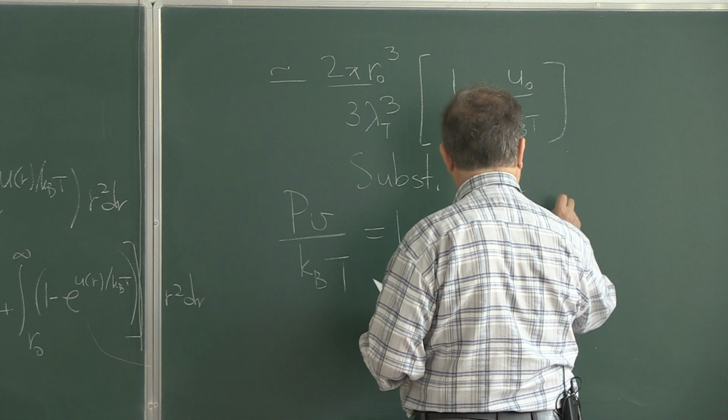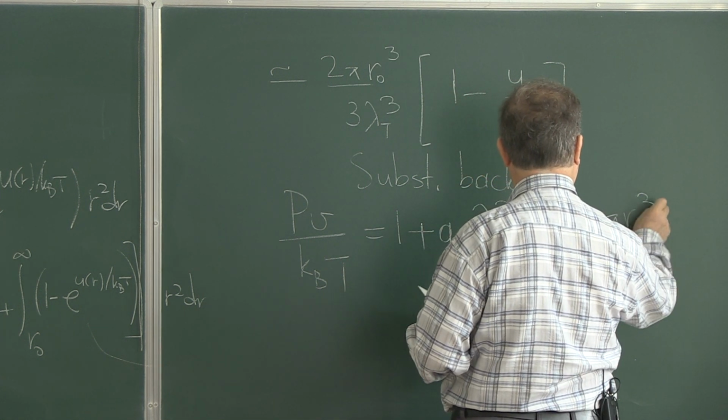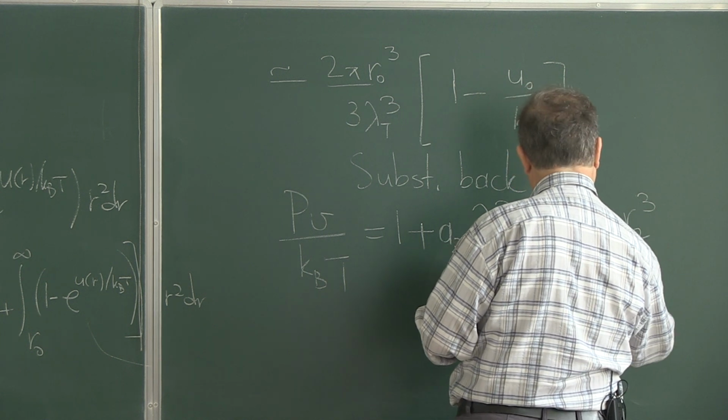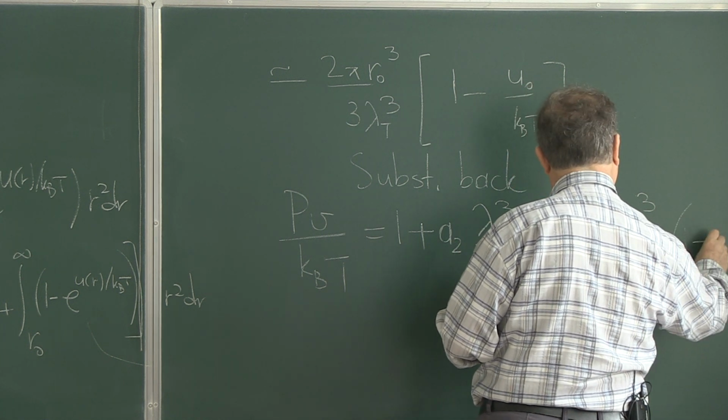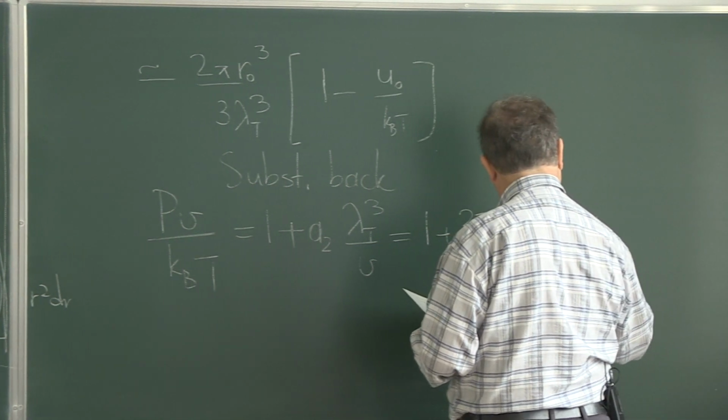This turns out to be 1 plus 2 pi r0 cube over 3V times 1 minus u0 over kBT.